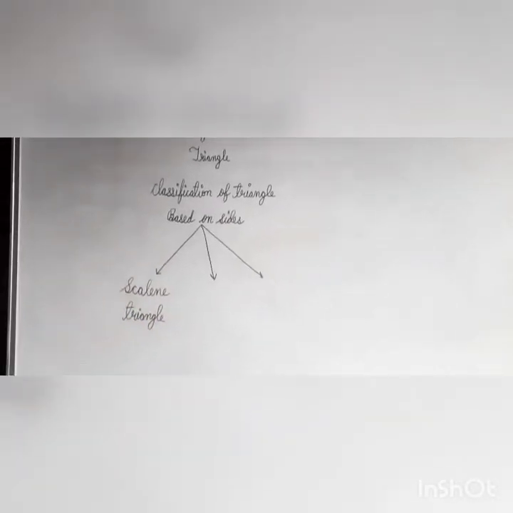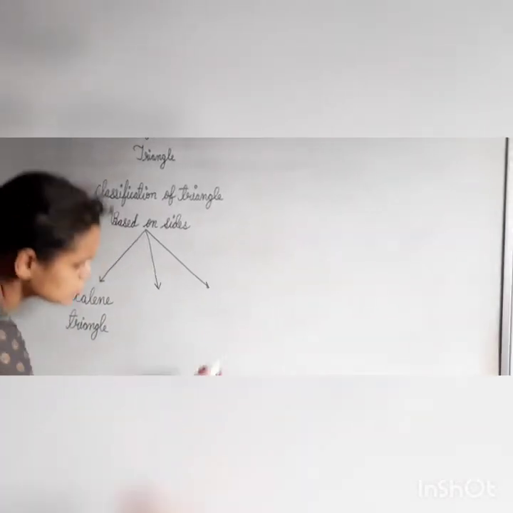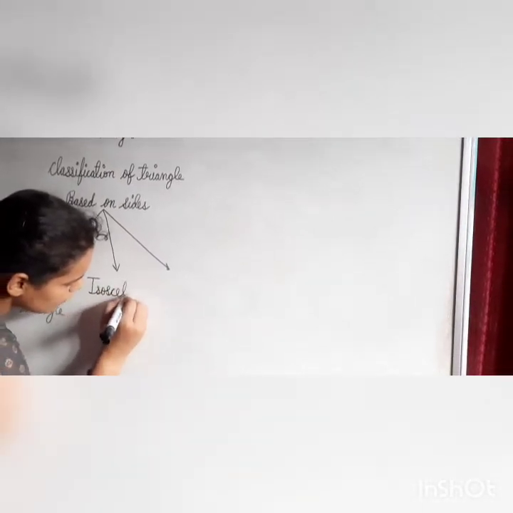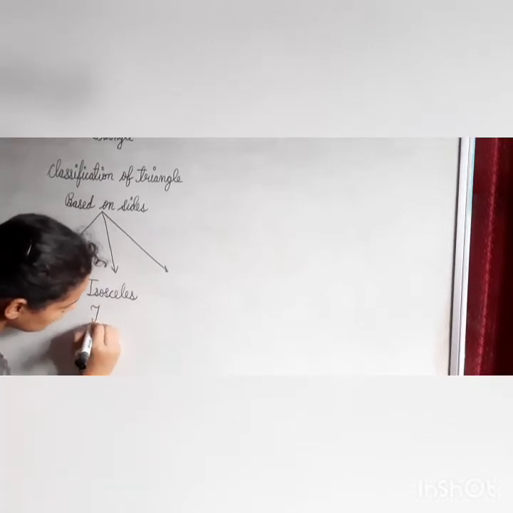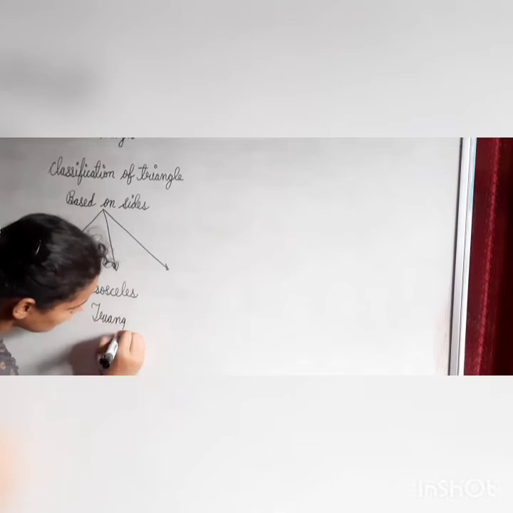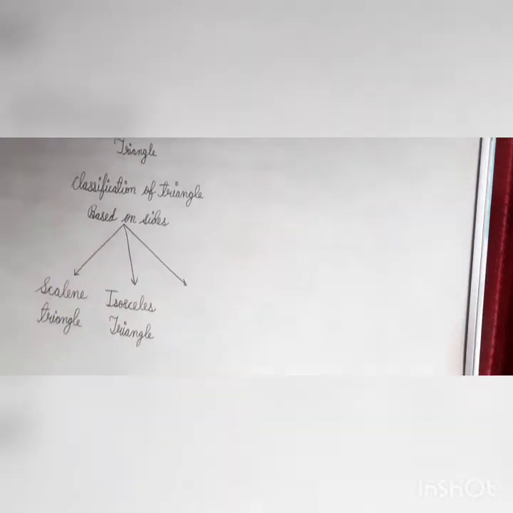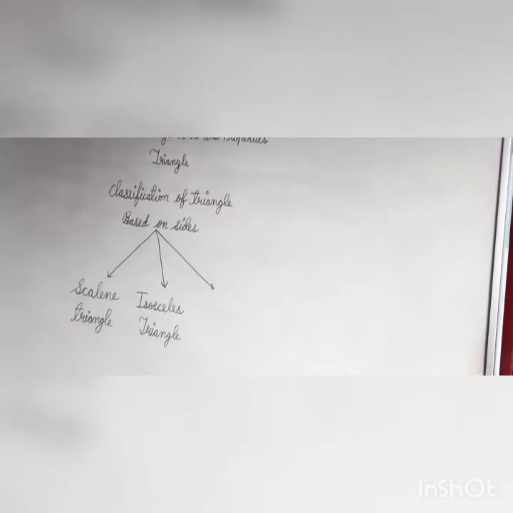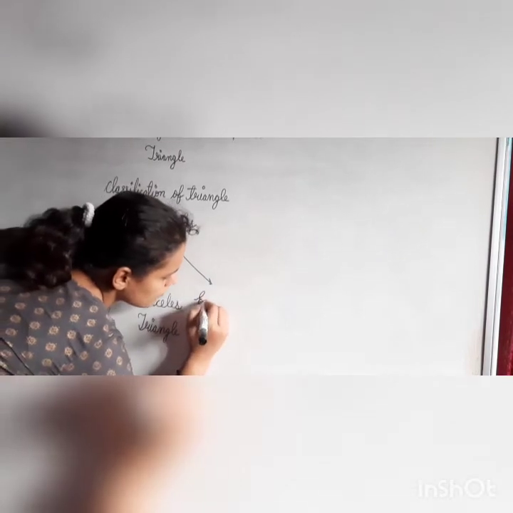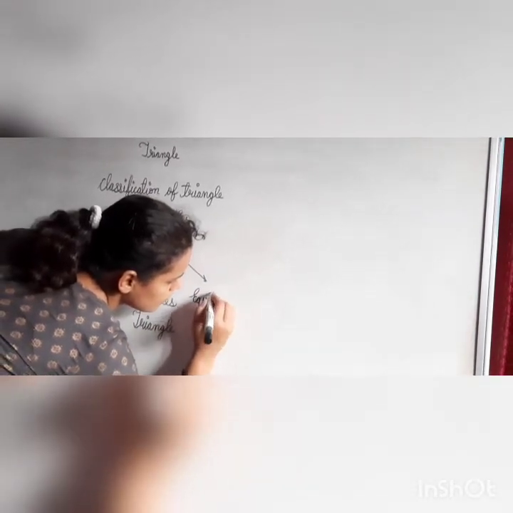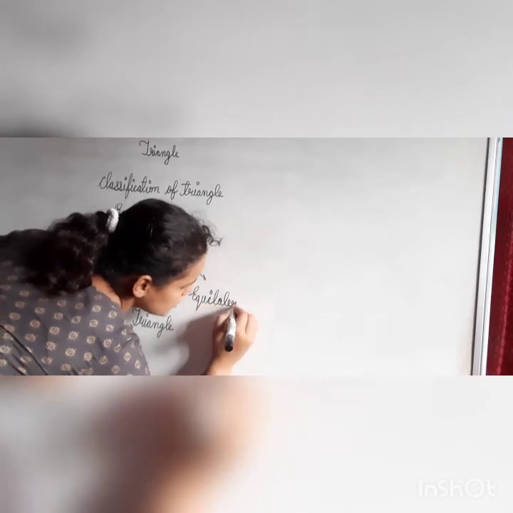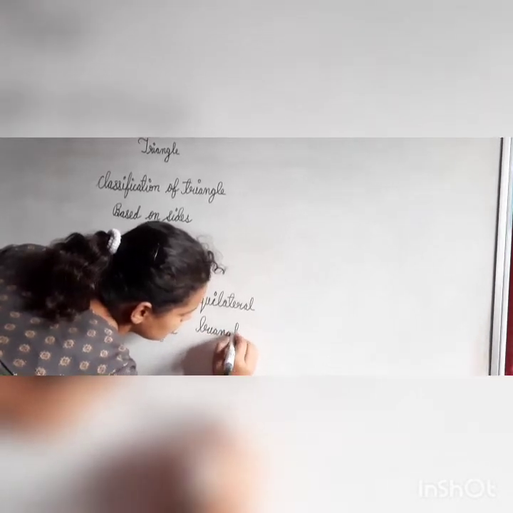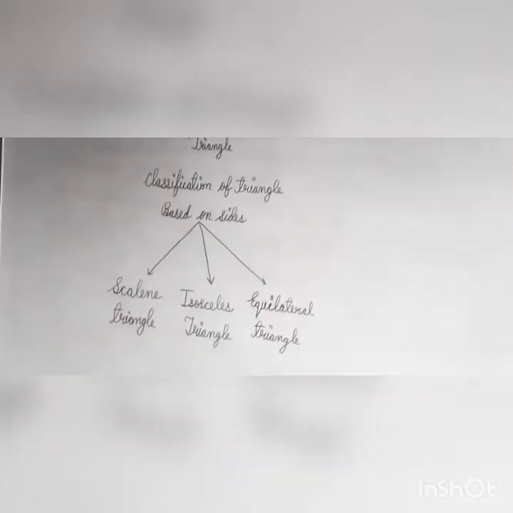Okay class. Second is isosceles triangle. Okay class. Third is equilateral triangle. Okay class.